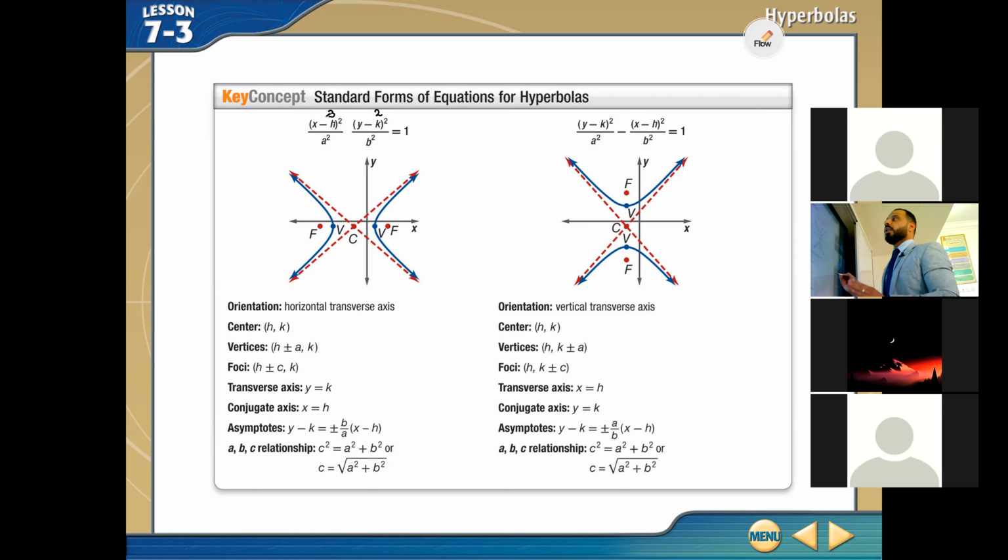So this is our transverse axis. The transverse axis is a line that divides the two hyperbola parts into two equal parts, like a mirror.